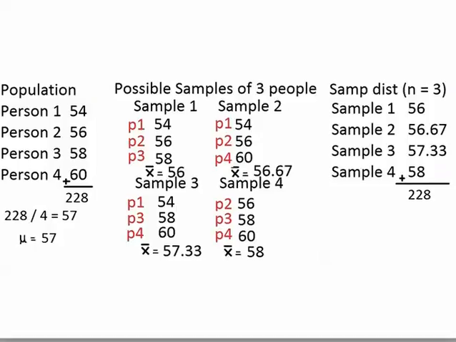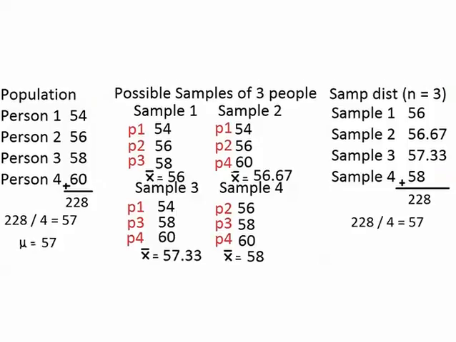If we add the four sample means in this sampling distribution and divide the total by 4, we get 57. So the point that I'm making here is that the mean of the sampling distribution equals the mean of the population no matter what sample size you're dealing with. It doesn't matter if the sample size is 2 or 3 or any other sample size.